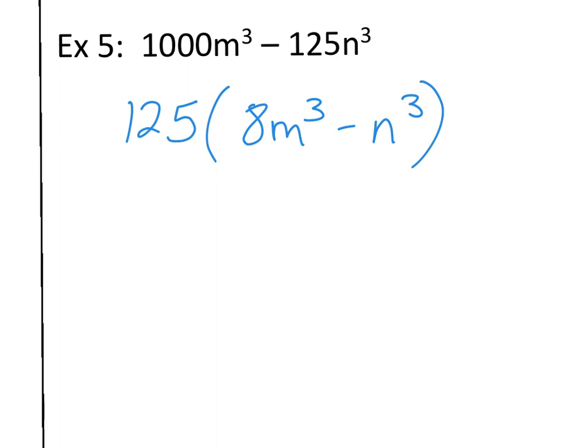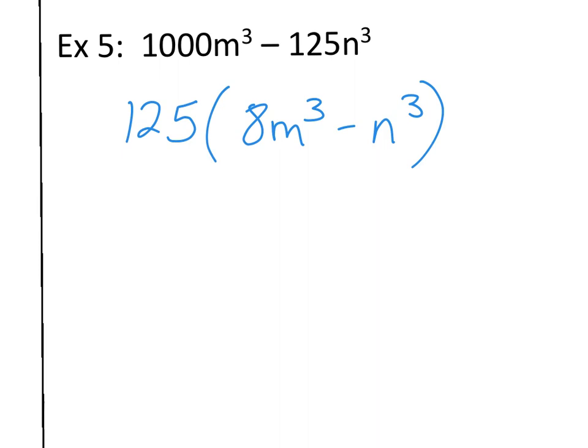Can I factor the inside further? What we got going on? Squares or cubes? Cubes, so difference or sum? Difference. Are 8 and 1 perfect cubes? Yes. So can I do this? Yep.